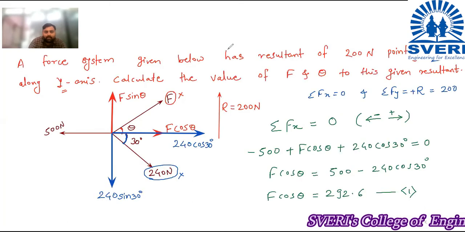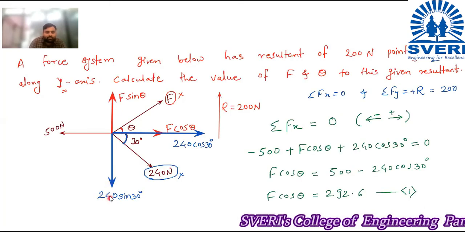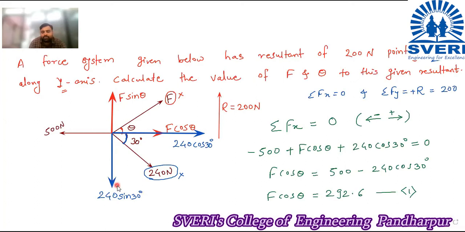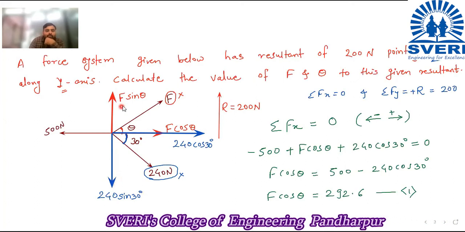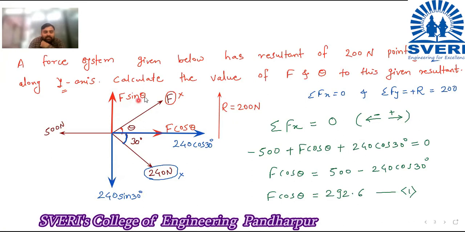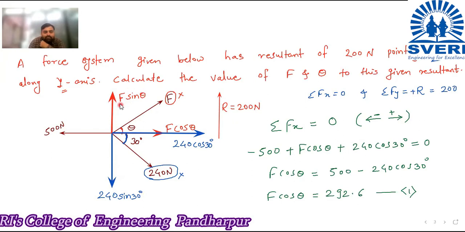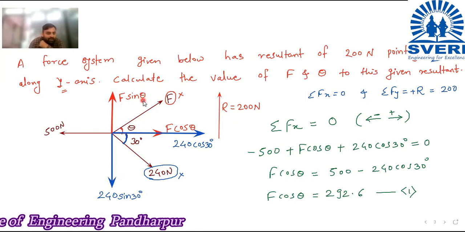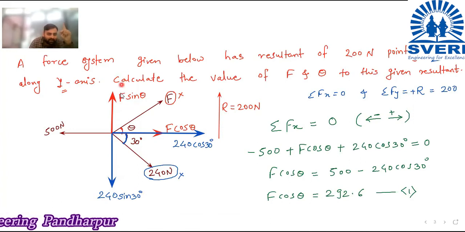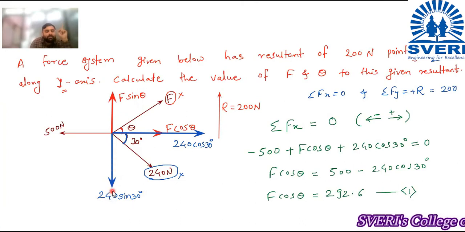If you see this diagram, summation Fy means forces parallel to y-axis, vertical forces you should see. So F sin theta, first is this F sin theta, it is moving upwards, so this will be positive. Plus F sin theta is the first force. Second vertical force is this one, 240 sin 30. But this force is moving downward, so it is minus.